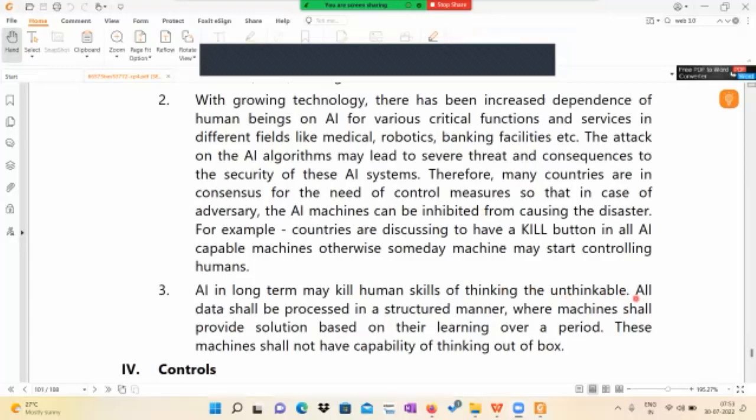Machines work in a structured manner and provide solutions based on that, and these machines do not have the capability of thinking out of the box. So artificial intelligence has the capability to kill the human out-of-the-box thinking capability, because everything is structured with artificial intelligence. Therefore, this kind of capability is killed in human beings.